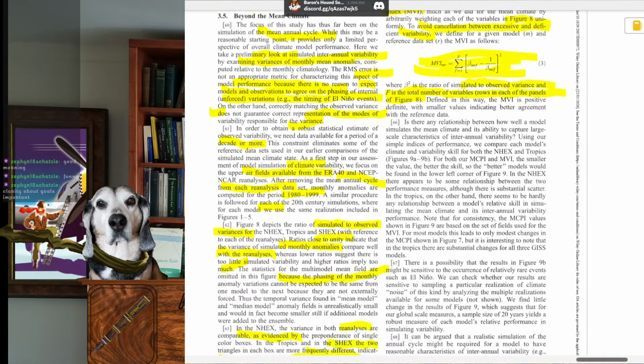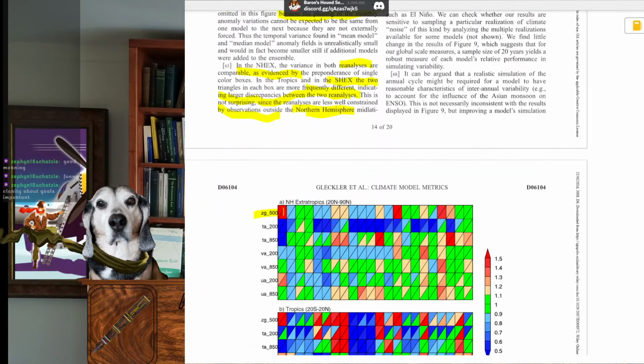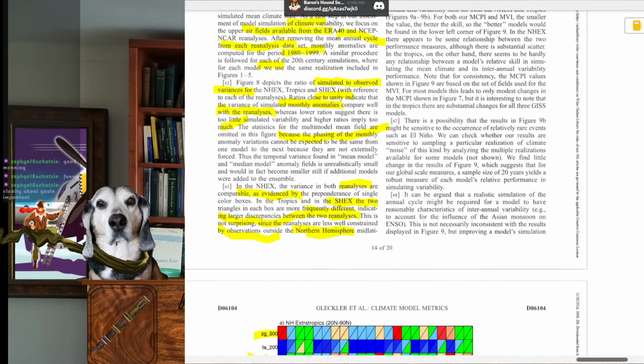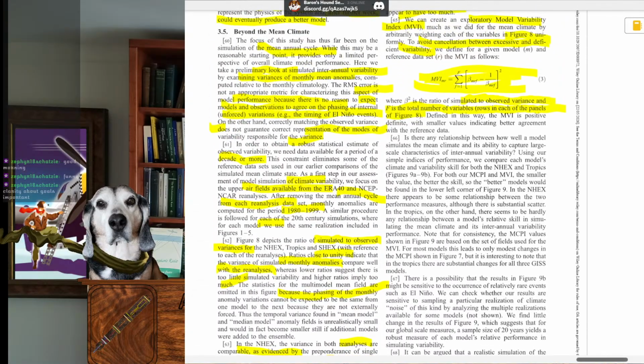So you're taking each of these rows and you're looking at what the variation is, the ratio of variation between the model and the data, and you're plugging it into this to try and give yourself a metric, right?